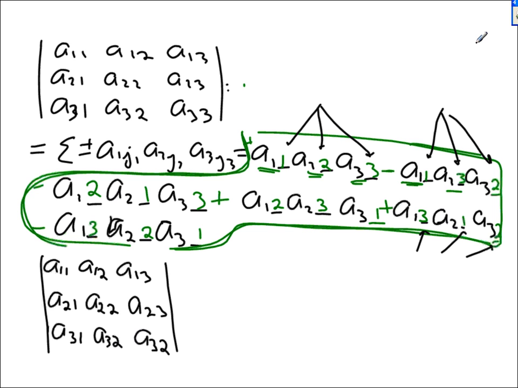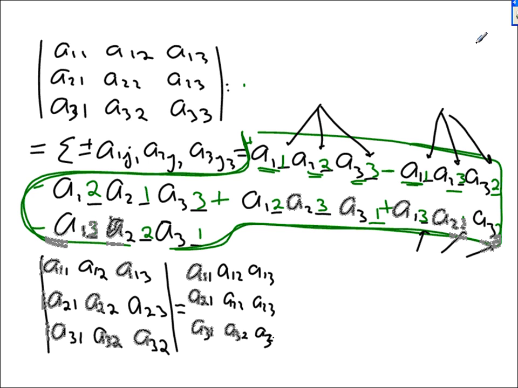If you want this determinant, what you can do is you can write the matrix down again, which isn't hard. And then repeat the first column, A11, A21, A31, and then repeat the second column, A12, A22, A32.